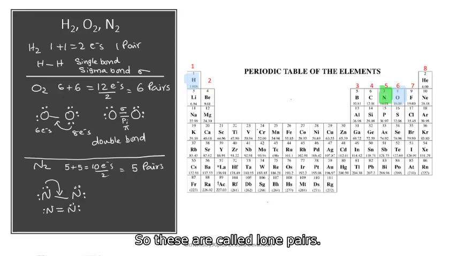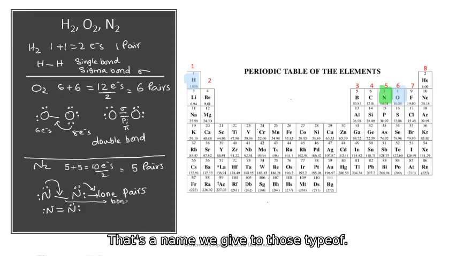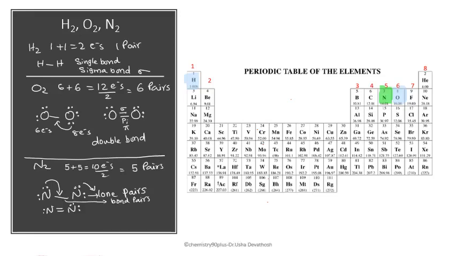These are called lone pairs, and this is the bond pair. That's the name we give to those types of pairs. I'm just using colors to distinguish them.